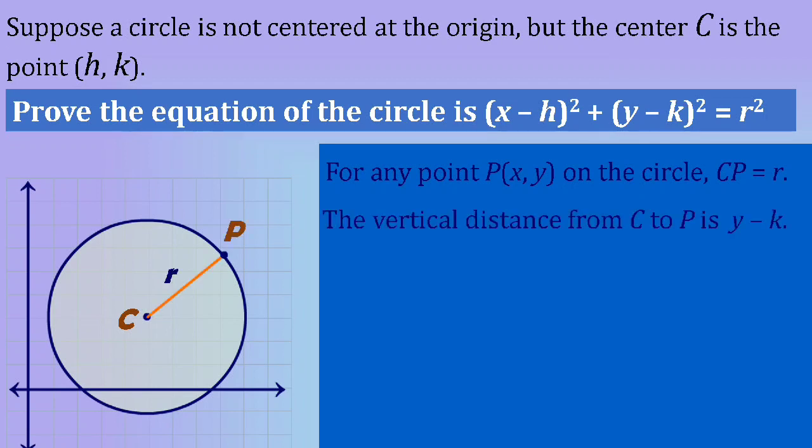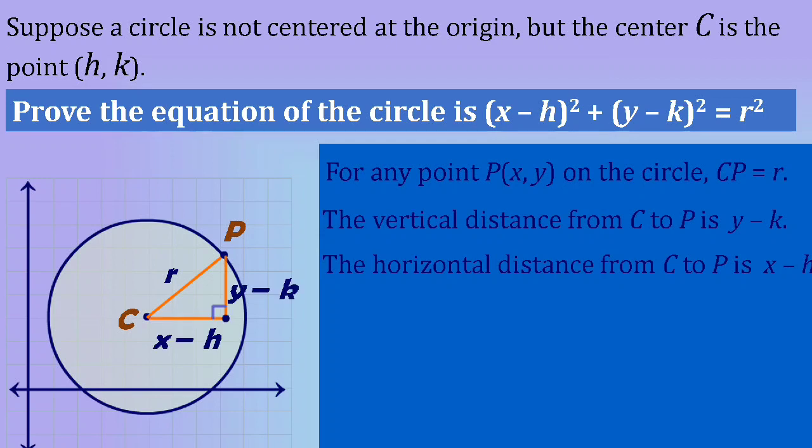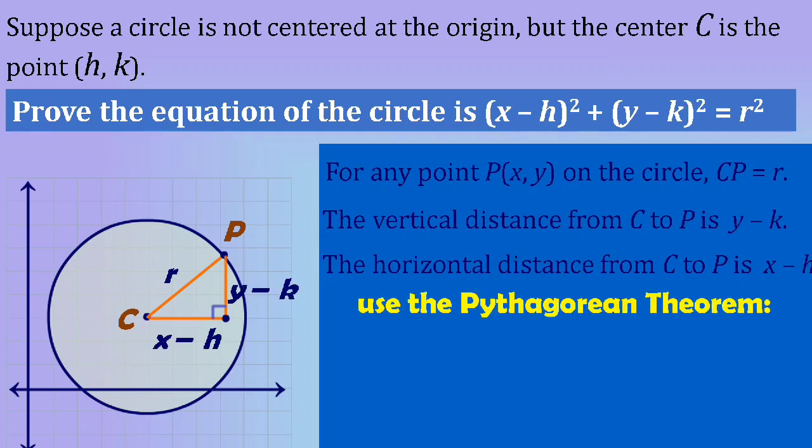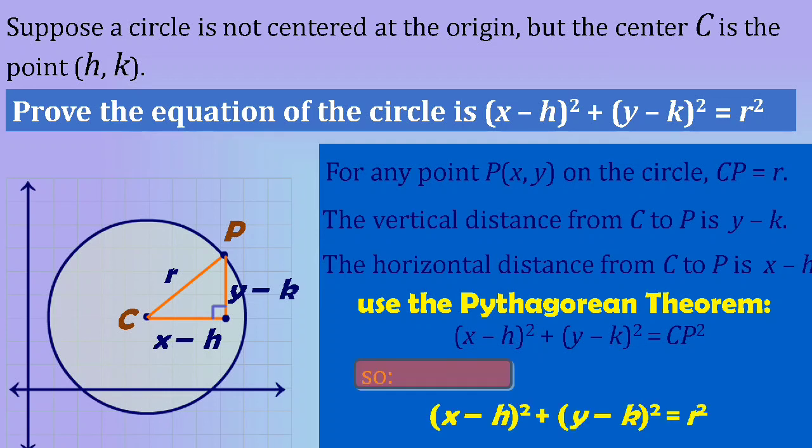And from that, the vertical distance from point C to point P can be represented by y minus k, and the horizontal distance from point C to point P can be x minus h. And using the Pythagorean theorem, we can say that the quantity x minus h squared plus the quantity y minus k squared is equal to segment CP squared. And upon substitution, we have come up with the quantity x minus h squared plus the quantity y minus k squared is equal to r squared.